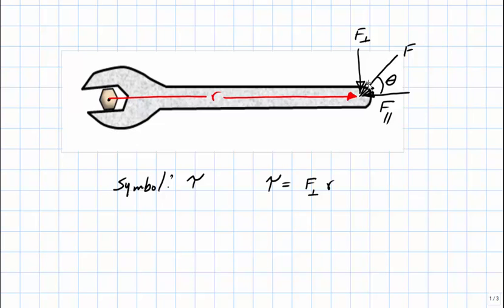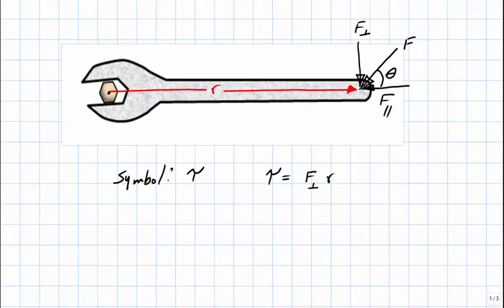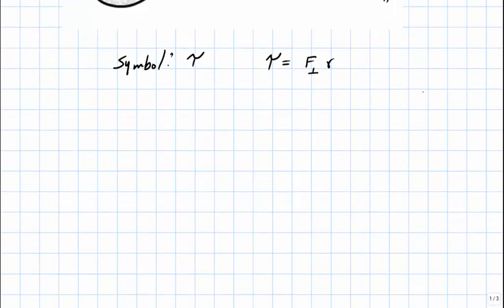Let's construct a triangle now for the force and its components. That triangle would look like this. Here's our force. Here's the parallel component, and this is the perpendicular component.